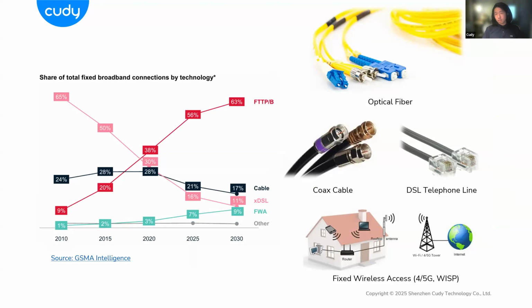On the right, you can compare the images with the cable that you have, maybe at the internet access box in the corner. On the left, you can see the two methods that are getting increasingly popular: fiber and FWA, fixed wireless access, which uses 4G or 5G access globally.